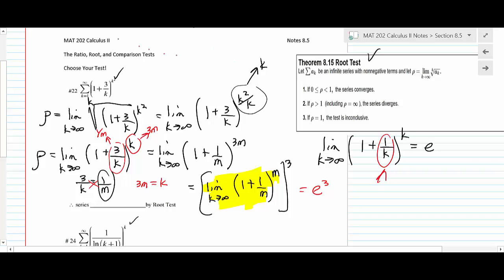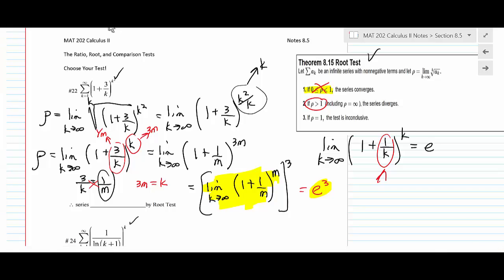So anyway, what are we doing with this one? If we're doing a root test, we want to see what the value is. e to the third is clearly bigger than 1, right? So it's bigger than 1, and what's it going to do? It's going to diverge.